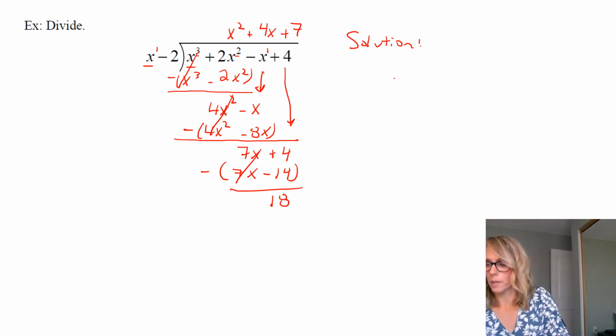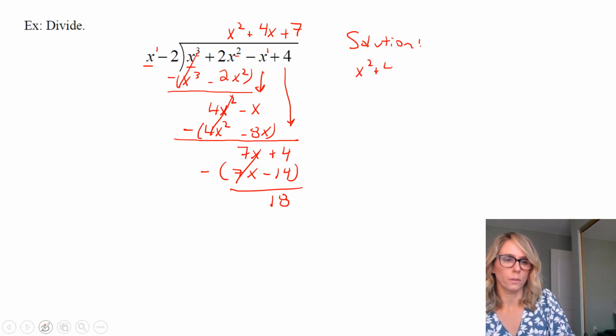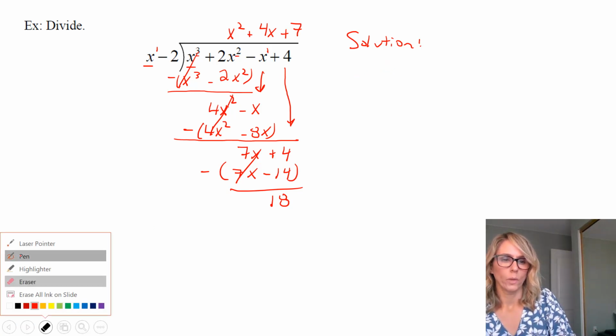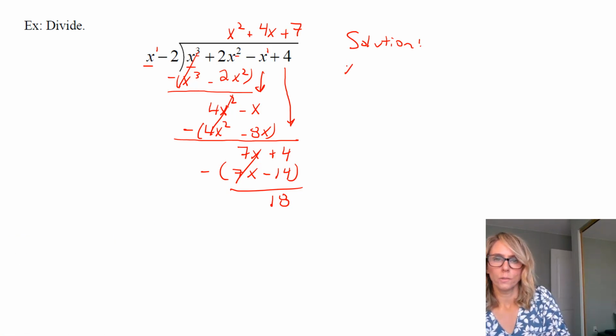And again, this can be written in a couple different ways. So understand that what we're saying is x squared plus 4x, let me write that slightly differently. All right, so let's start from the top here, which is x cubed minus 2x squared minus x plus 4 divided by x minus 2.